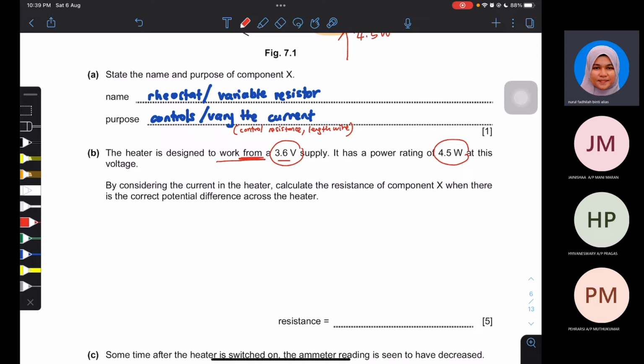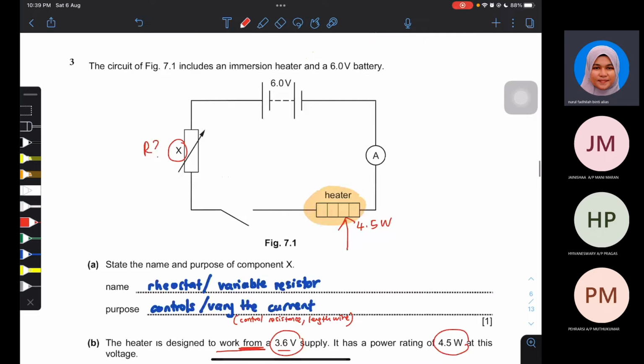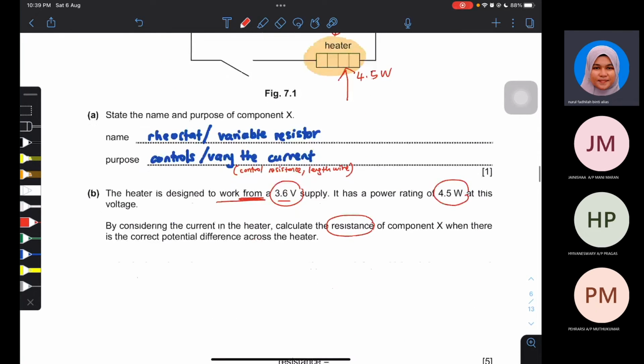Okay, soalan nak apa sebenarnya? Dia nak resistance. Resistance siapa? Resistance of heater ataupun resistance of what? So, kita tahu question wants resistance of component X. Jadi, we can use formula P equals to IV. Okay. And then, kita nak cari the current.